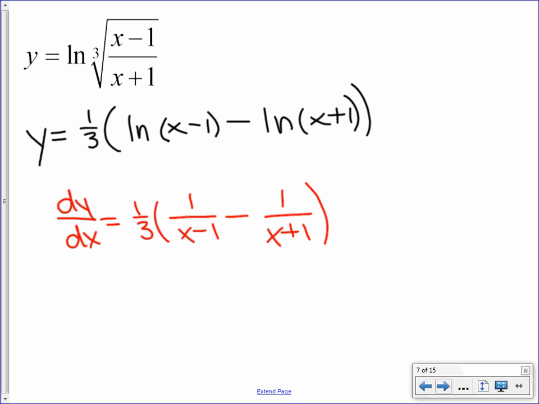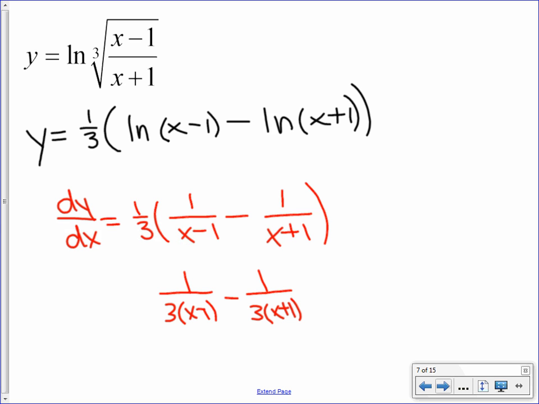Wait, I do it like this. Could you distribute the 1/3? You could, and so you could see it like this. I can't, because you don't have to use the chain rule because you brought the 1/3 out, right?